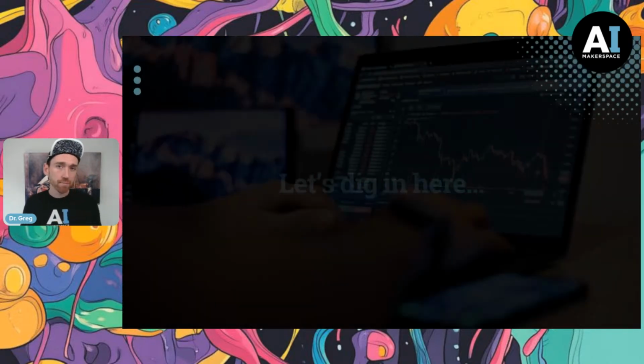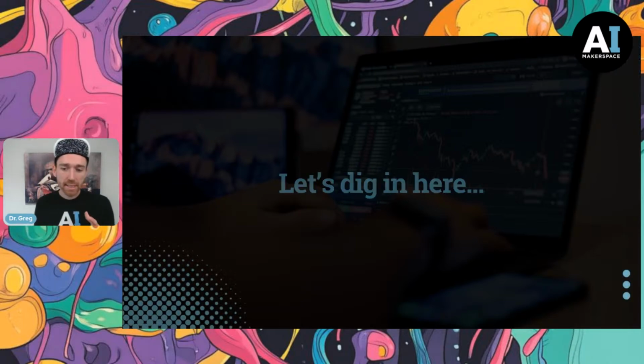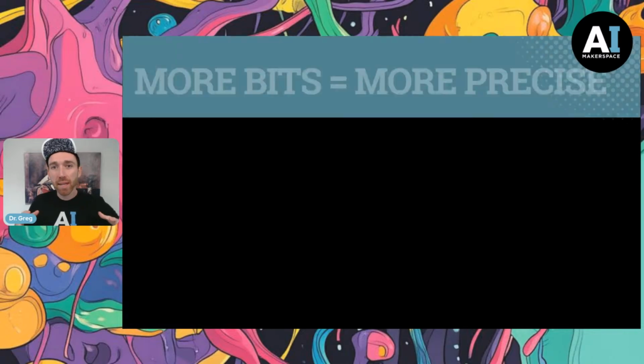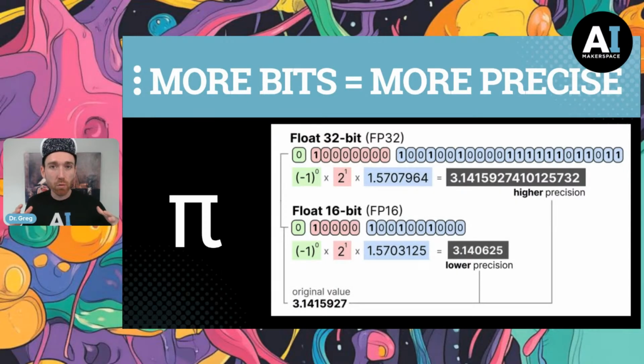So digging in, the big idea is that we want to represent billions of values efficiently. Okay. Now, what is efficiently when it comes to our weights?